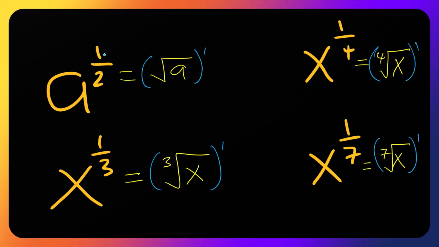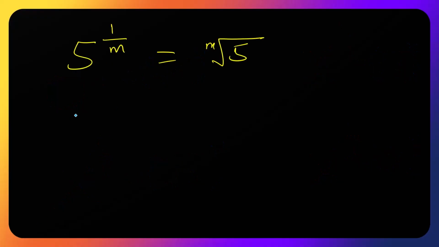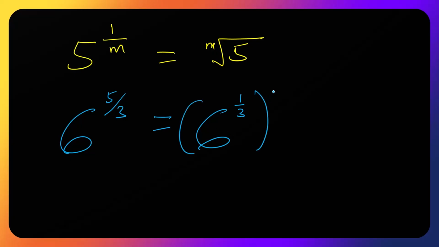If this side is not 1, just bring it here. For instance, 6 exponent 5 on 3 is the same as 6 exponent 1 on 3 all raised to 5.